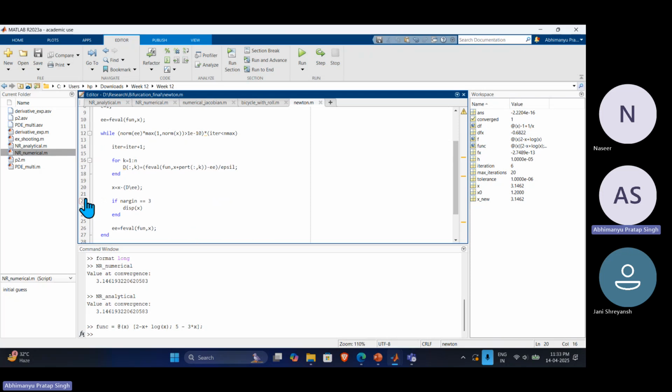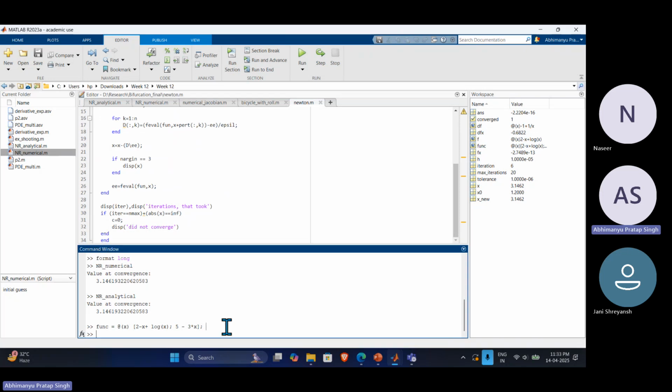So this will continue to run until my norm of EE is greater than 20 multiplied by max norm of x is greater than 10 to the power minus 10. This means that if either of those two is in the range of 10 to the power minus 5, it will run until that, or my number of iterations is greater than n max. Okay.